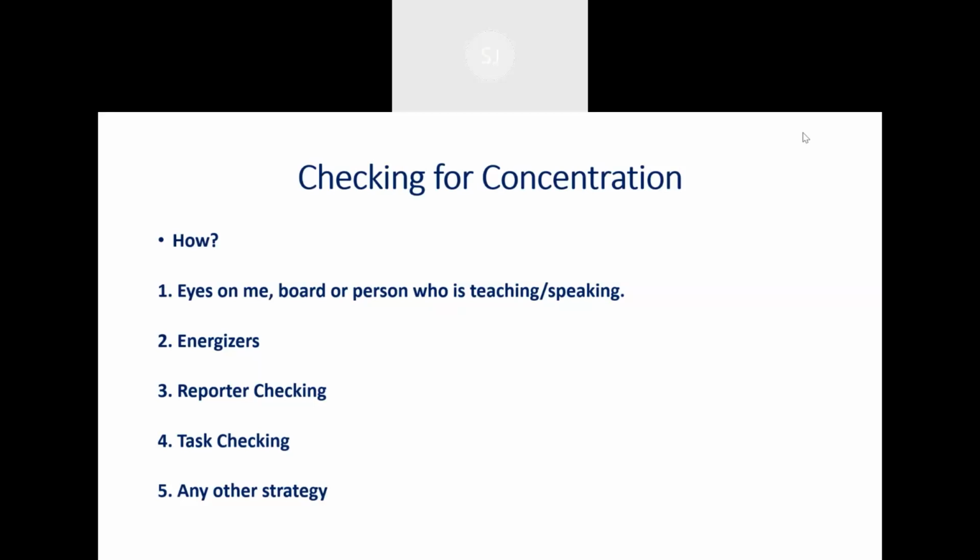So that their concentration is back on what I'm doing. Or you can say, eyes on the board. If you're at the back of the class and you want someone to see the board, you can say, eyes on the board. So everyone will say, eyes on the board. And this is one of the strategies which I use. Very good, thank you, dear.